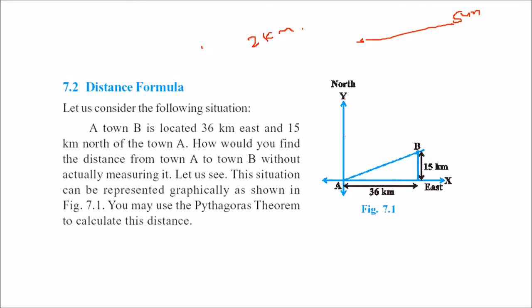See, we are again taking a reference as x-axis and y-axis. Now on this x and y-axis, you have a point called B, and you take yourself as origin. Just take an example, this is 36, 15, that is 36 kilometers to the right, or east, and 15 kilometers to the north.